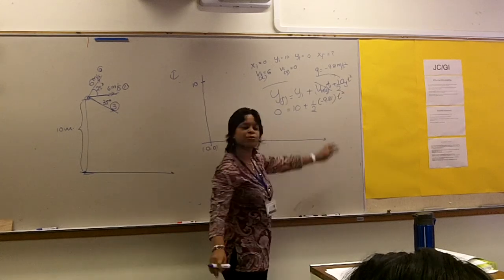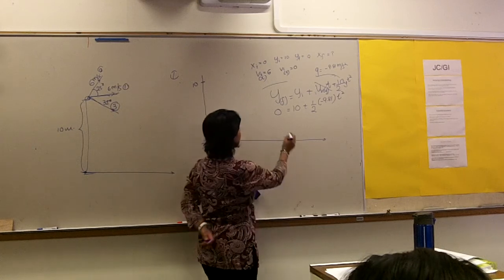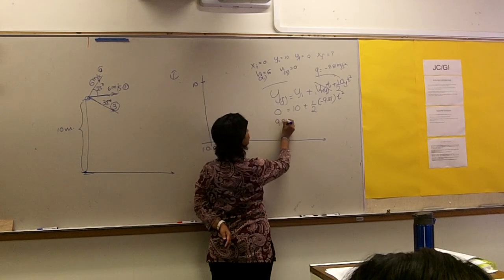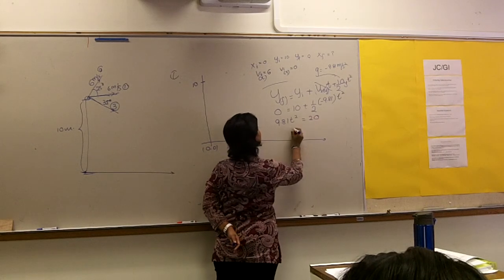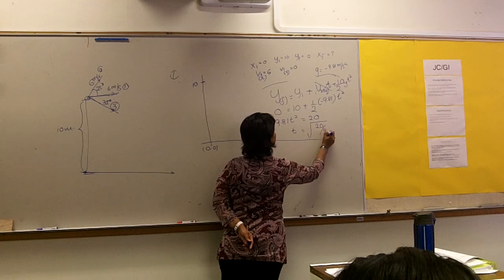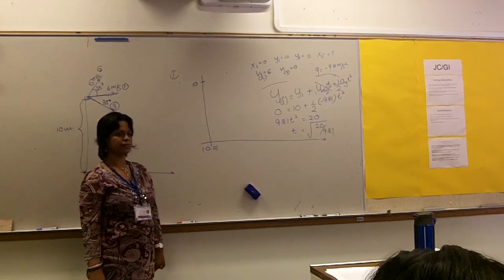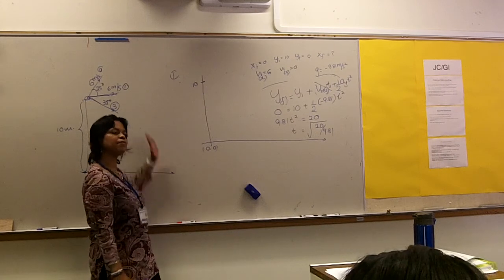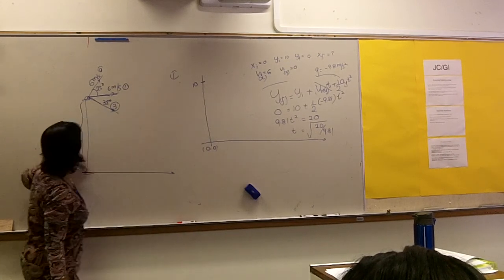So we only don't know t, and we can find it here. 9.81 t squared is equal to 20. t is equal to the square root; just put it in the calculator. Because we consider upwards as positive, that's why this was positive.